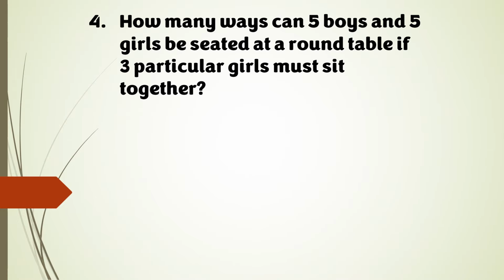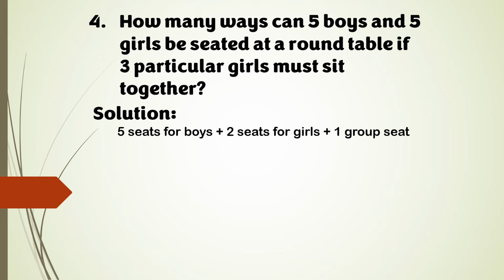For example number 4, how many ways can 5 boys and 5 girls be seated at a round table if 3 particular girls must sit together? So that is the condition. 3 particular girls must sit together. So first, we're going to list.